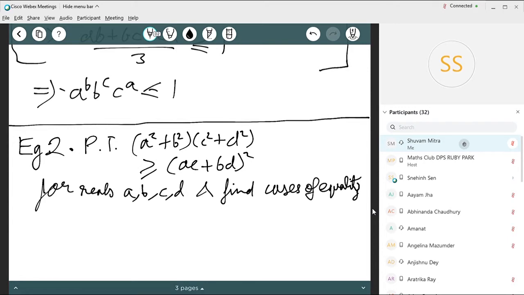So how do you propose we should move forward? Well, basically, if you open the brackets, the left hand side is A square C square plus A square D square plus B square C square plus B square D square.